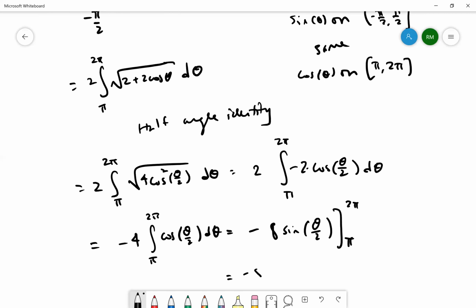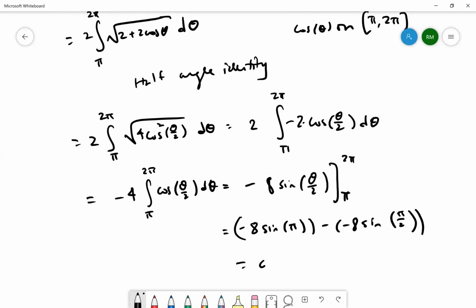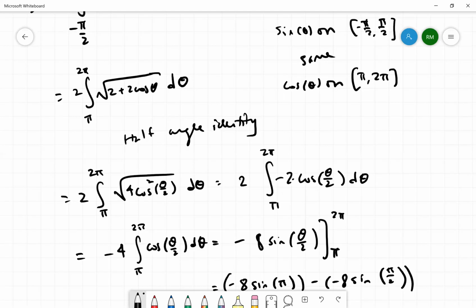So that's negative 4 sine of pi minus negative 4 sine of pi over 2, which is 0 plus 4. And so 8 is the arc length of this cardioid.